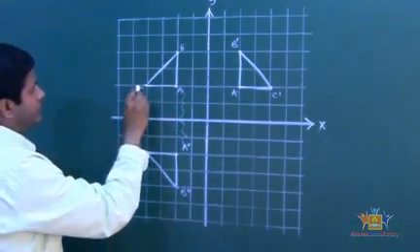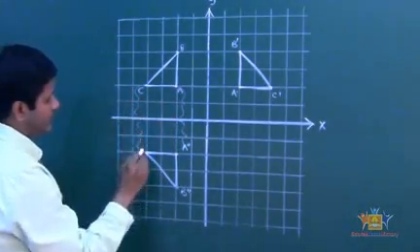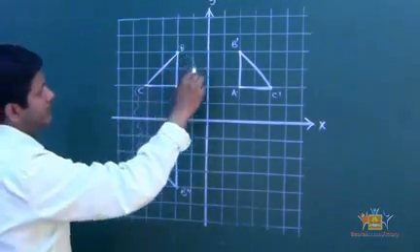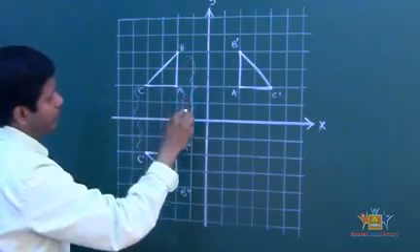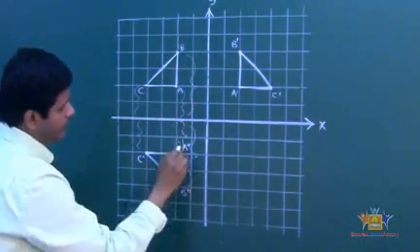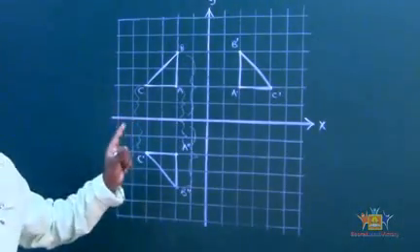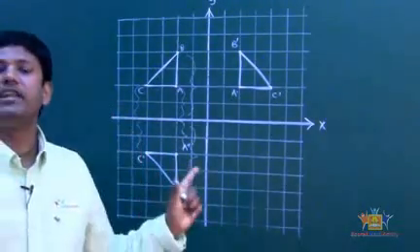Now look at C and the C image. 1, 2, 1, 2. And then B, 1, 2, 3, 4, 1, 2, 3, 4. See that? And they are laterally inverted.